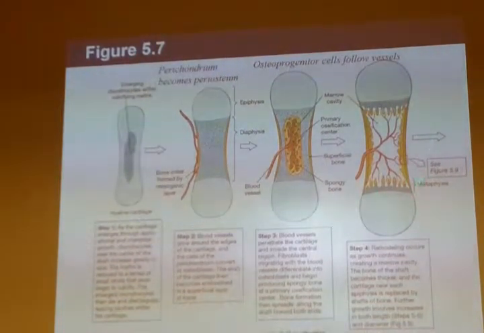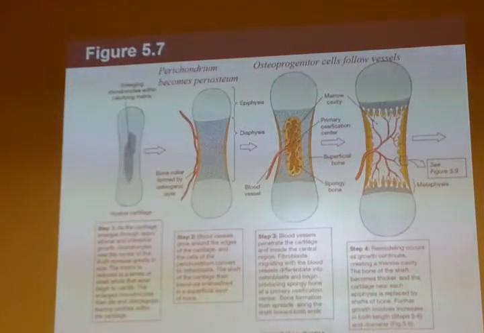And then these ends of the bone that are still cartilage will be your epiphyses. This will be your primary ossification center. Always in long bones, always occurs in the diaphysis first. And the epiphysis will be your secondary ossification center.